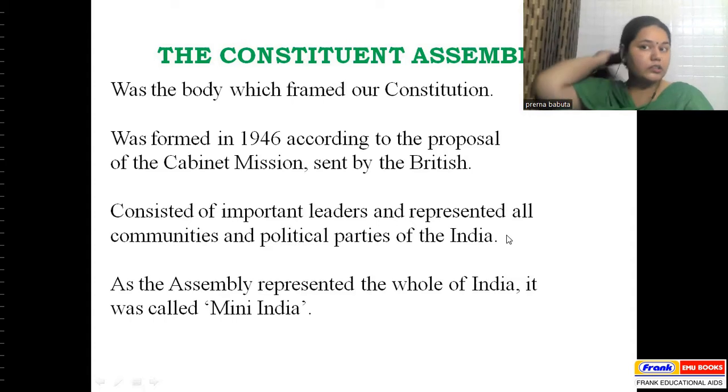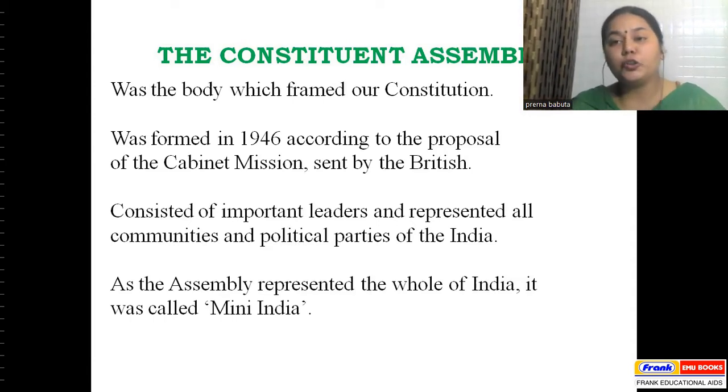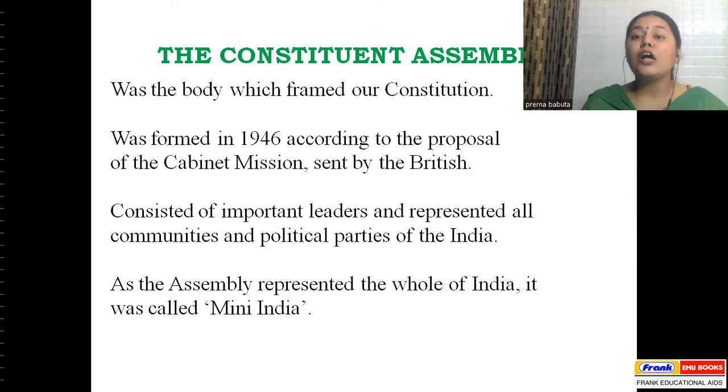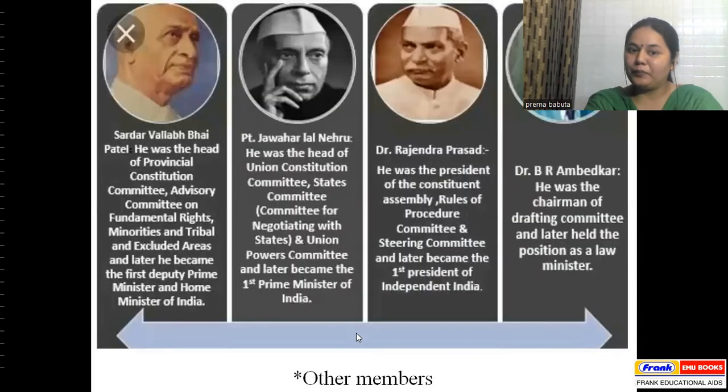So the Constituent Assembly was made in such a way that a biased decision should not be taken. That is, all the classes or sections of the country, or most of the sections, should have a chance of representation. As the assembly represented the whole of India, it was called Mini India.